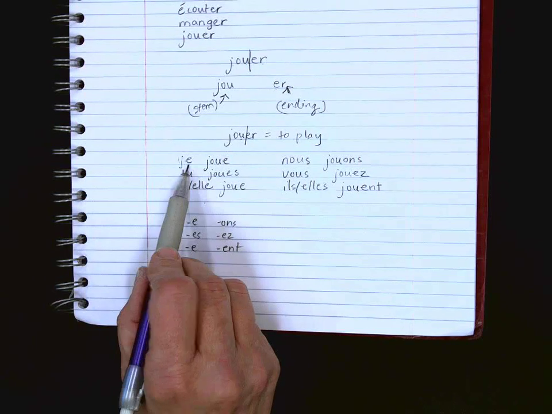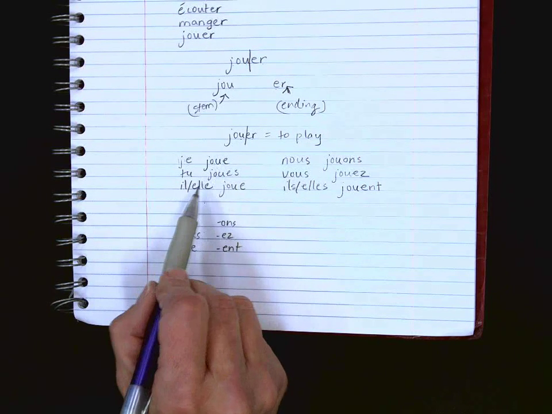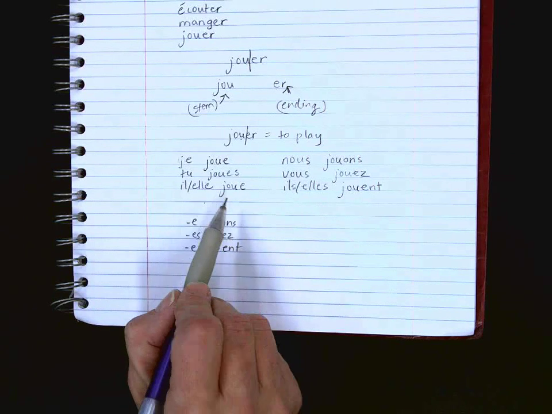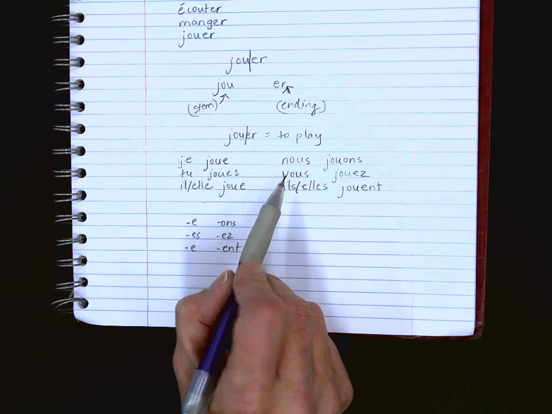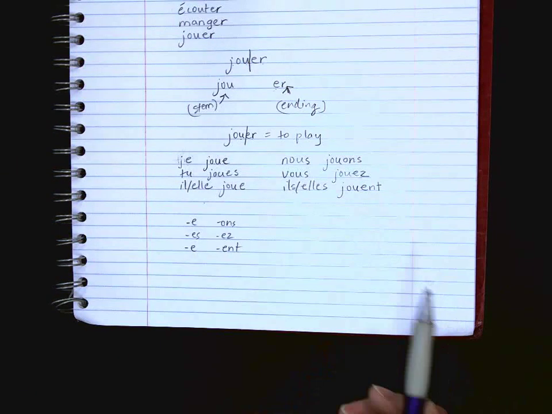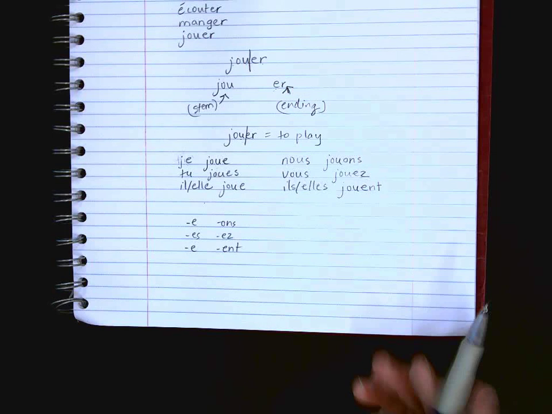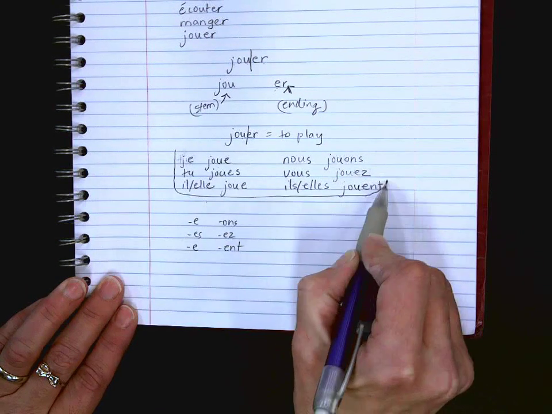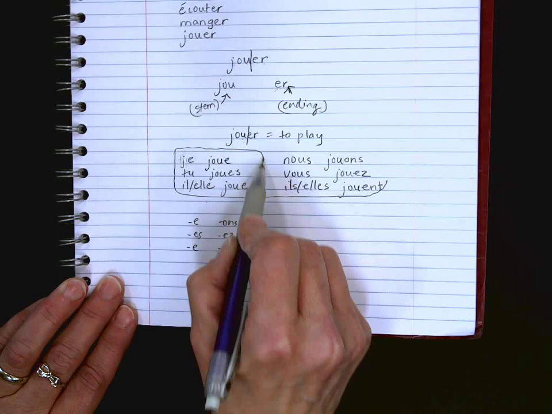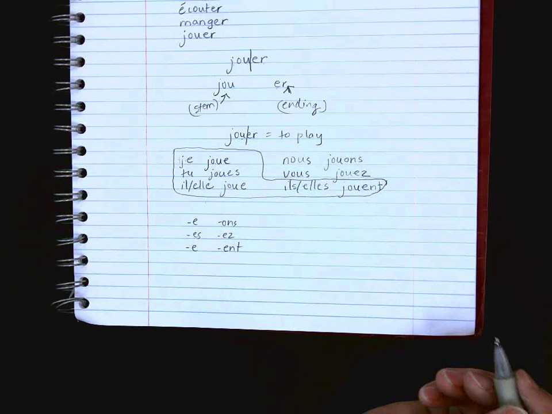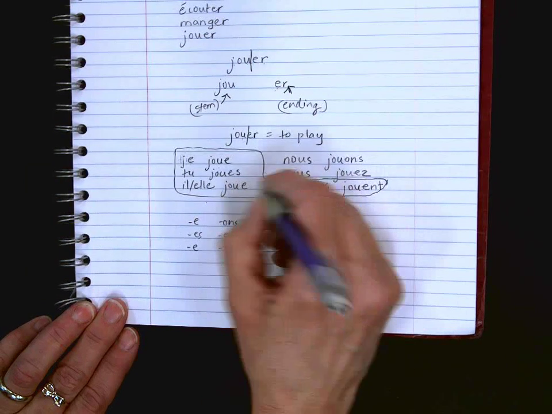So, répétez. Je joue. Tu joues. Il joue. Elle joue. Nous jouons. Vous jouez. Ils jouent. Elles jouent. So I'm going to do this French teacher trick here, which is causing this little shape to turn into, it looks more like a clown shoe, but it's supposed to be a boot, as in la botte.